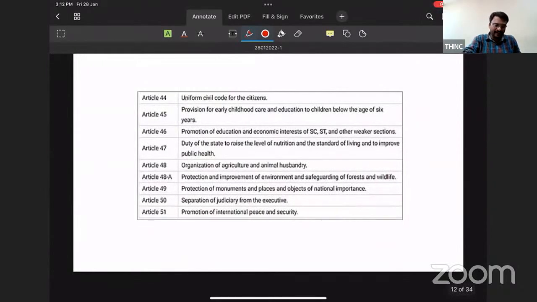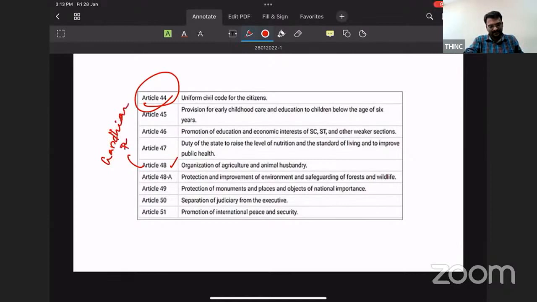And now comes a very relevant thing as of now: the uniform civil code. The current government is trying their best to bring the uniform civil code, and Article 44 is related to the uniform civil code. The other important things coming under this are the organization of agriculture. These are Gandhian principles actually.